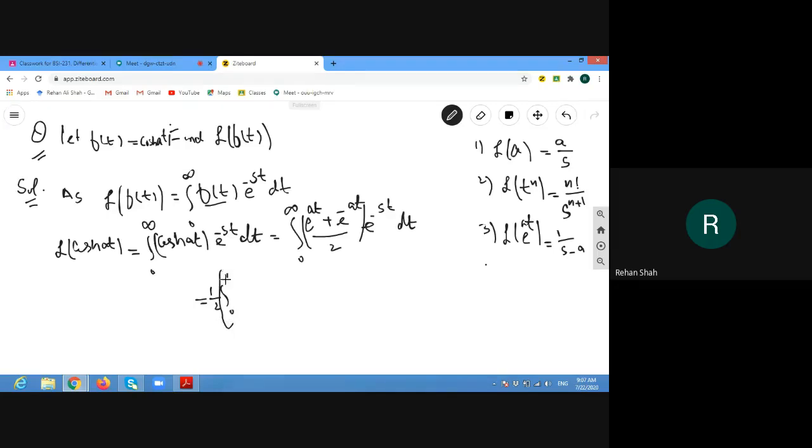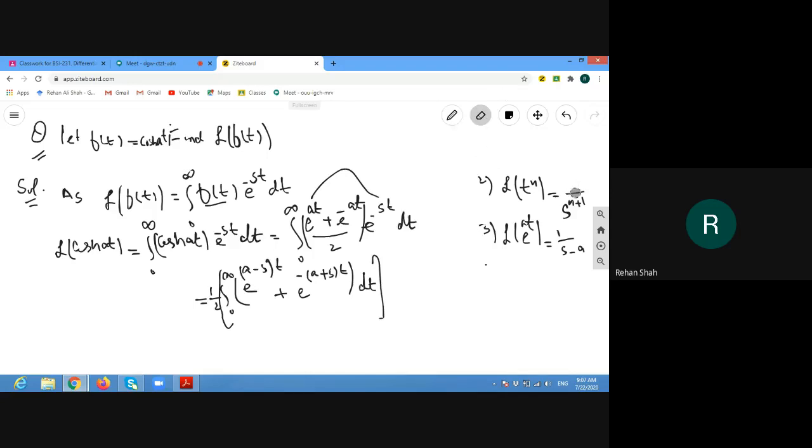So this is 0 to infinity e power at multiplied by e power minus st. This will give you e power a minus s into t, and plus e power minus a plus s into t, if you multiply the second term with e power minus st, and this is dt. Integrate this, 1 over 2 is 1 over 2.